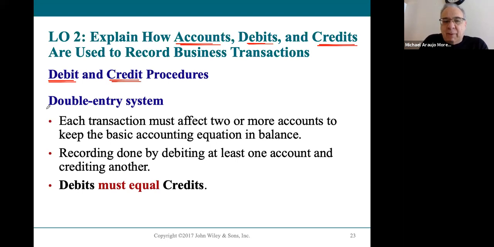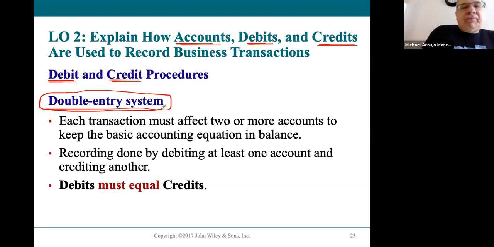And remember, from Objective 1, at least two accounts are affected by every transaction, right? Which means, in essence, after every transaction, you're going to have an equal debit and credit. One account is going to be affected on the debit side, and the other account that you identified is going to be affected on the credit side.